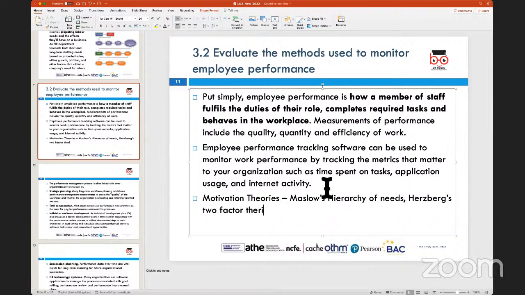Then the other one that we know is McGregor's theory X and theory Y. And maybe one other which I would like to include is the expectancy theory, because this is part and parcel of the indicative content.